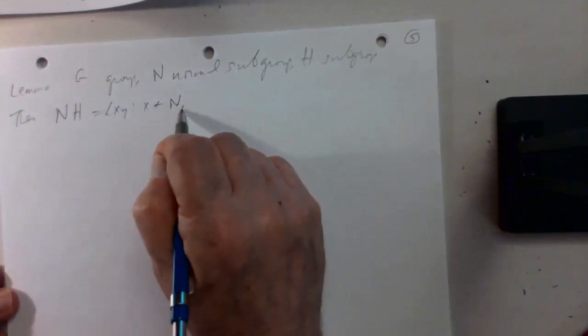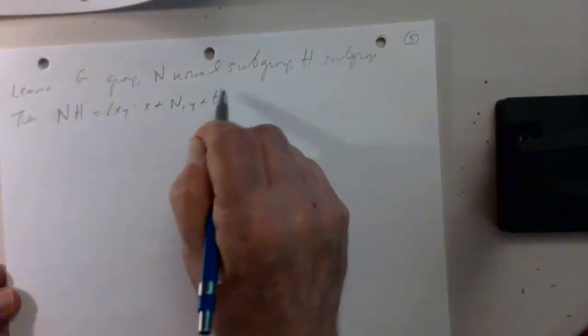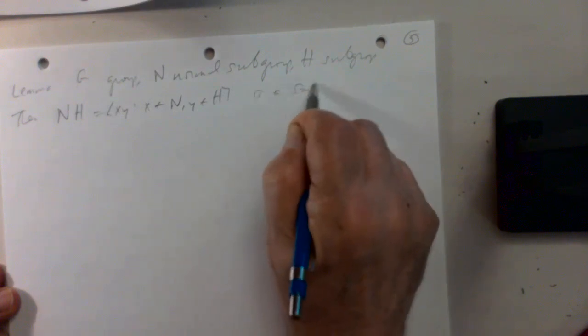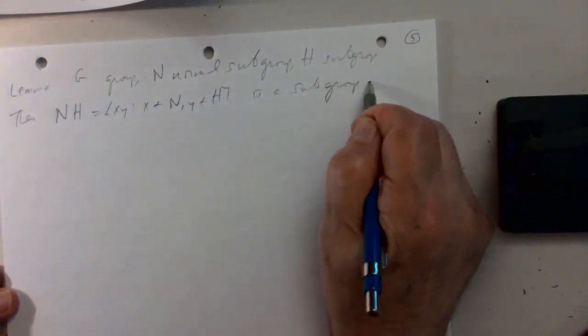Then the product set NH, which is everything of the form xy, where x is in N and y is in H, is a subgroup of G. So the product of two subgroups is not necessarily a subgroup, but the product of a normal subgroup times a subgroup is always a subgroup. Proof.